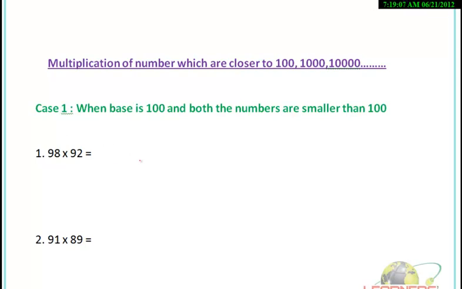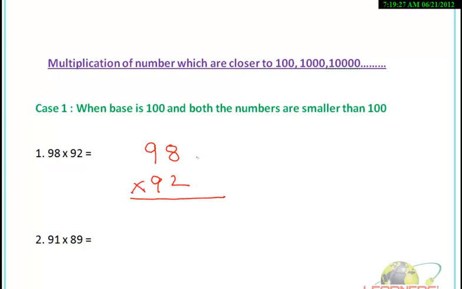Here we have been given 98 into 92. I just would like to remind you we are taking the base as 100. So let's start calculating 98 into 92. We have to multiply.